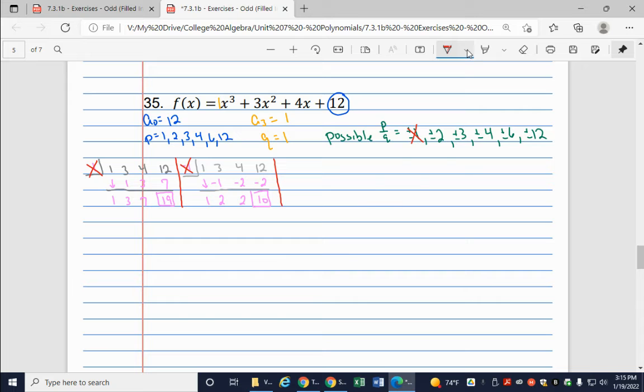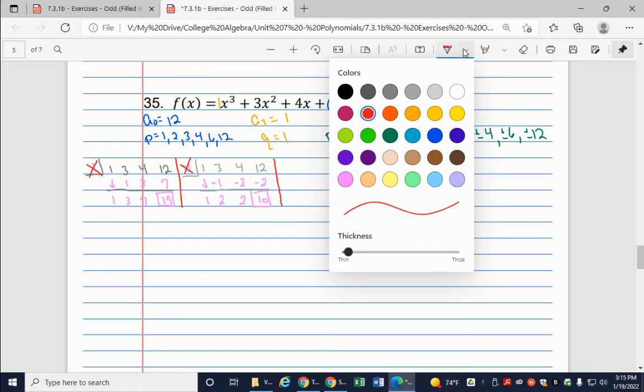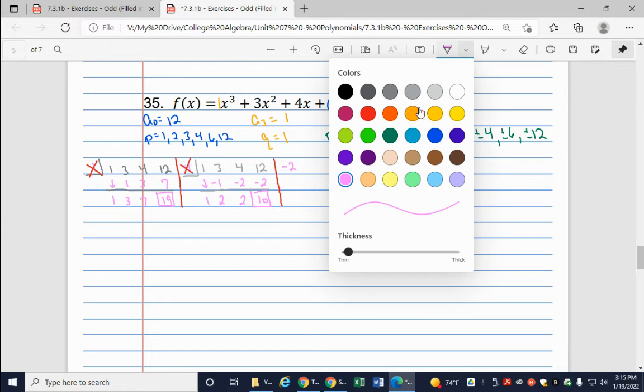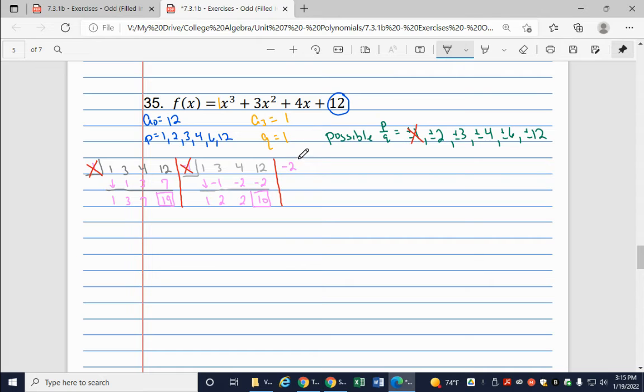So it's not positive or -1. You want to try -2? We know the positive's not going to work, right? Because that's just going to keep on getting bigger. So let's try -2. I'm going to have 1, 3, 4, and 12.